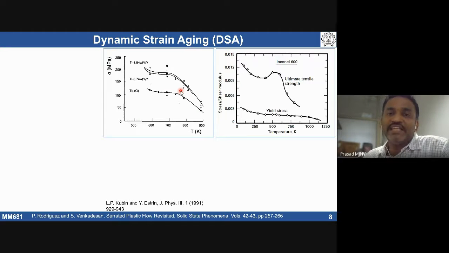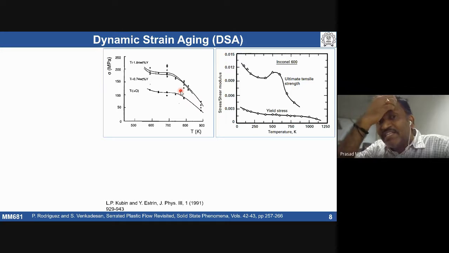That is nothing but the dynamic strain aging phenomenon, which can take place when you deform a material in a certain temperature window at a particular strain rate window. If there is strain aging taking place during deformation, that phenomenon is called dynamic strain aging.